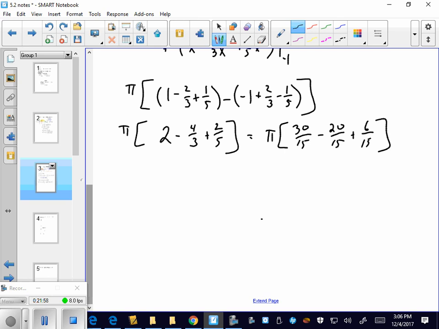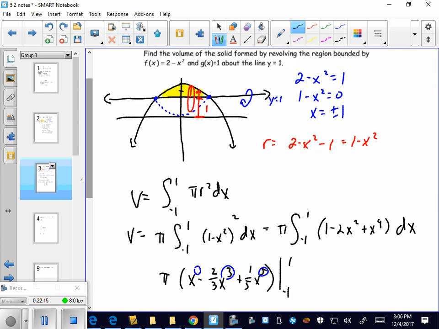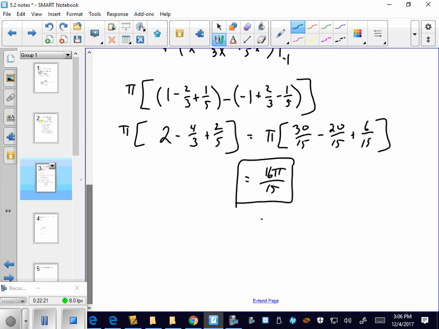So 30 minus 20 is 10, plus 6 is 16, so we get a volume of 16 pi 15ths units cubed. There you go. So taking that region that was highlighted, revolving around the line y equals 1, gave us a solid volume of 16 pi 15ths. All right, let's see what the next problem is.